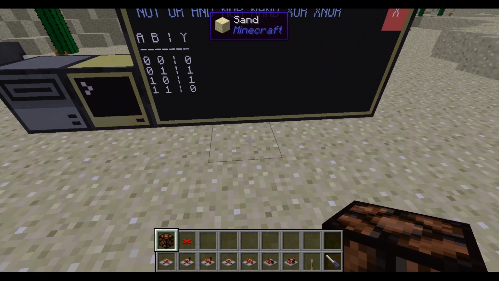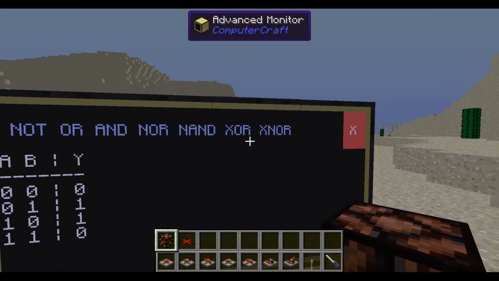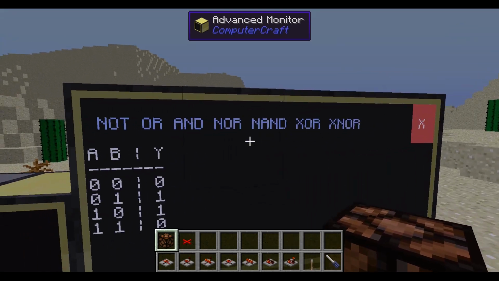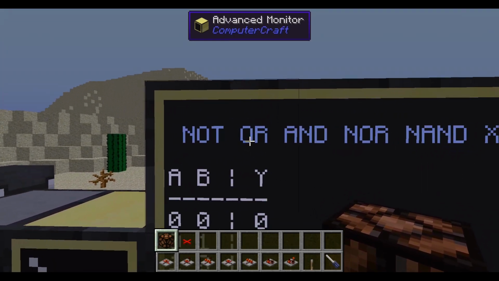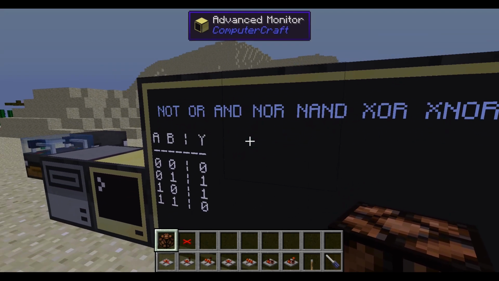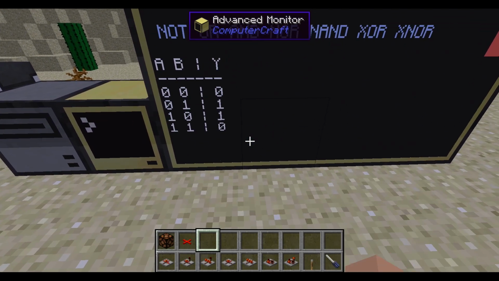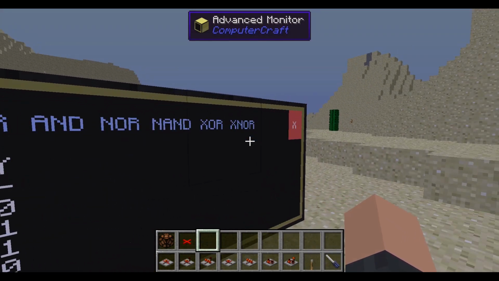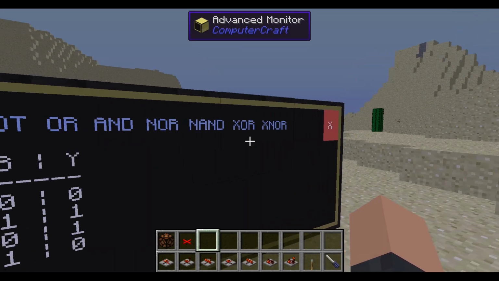It's just that when we draw circuits on paper, which I might show later on in this series, it's a lot easier to use things like the XOR, XNOR, and these last four instead of drawing, for example, an OR gate with a NOT on the end of it for a NOR. It's easier to just draw the symbol for NOR. So it saves space and it looks cleaner in the end. That's why these are considered to be part of the basic gates.